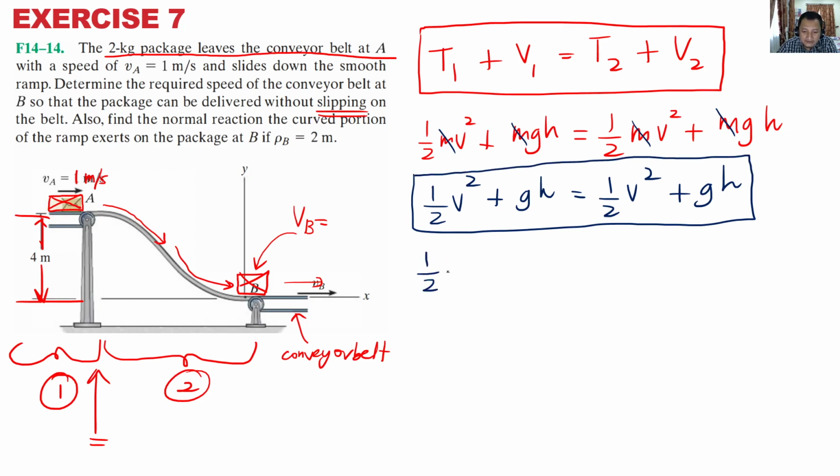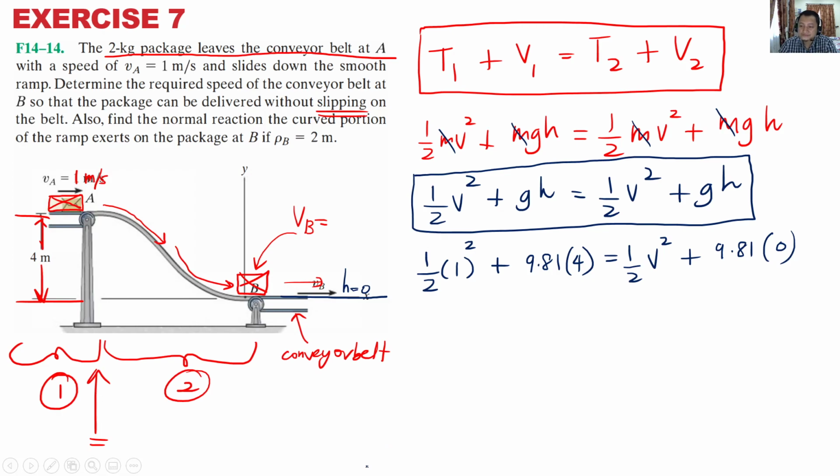So half times 1 squared plus gh, 9.81 times height 4 meter, equals half v squared plus 9.81 times height. If we take the reference height equal to 0 here, at this location height is equal to 0. So this one becomes 0.